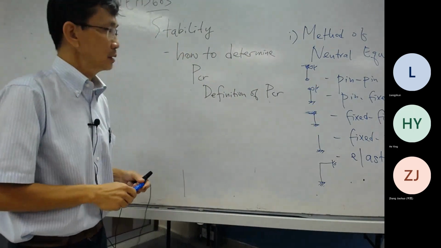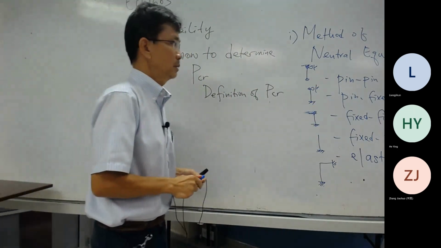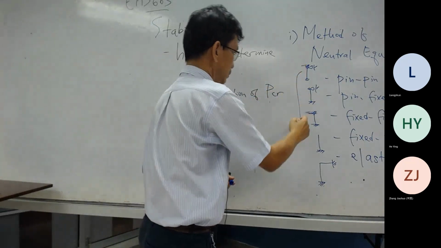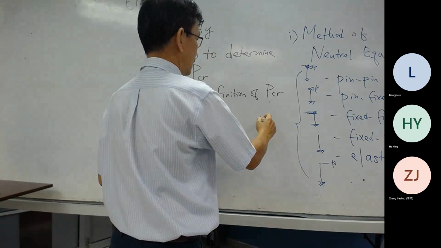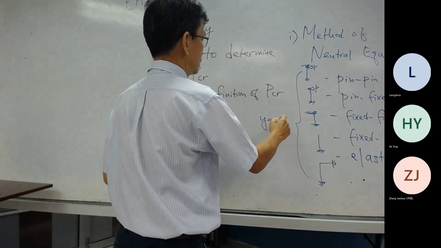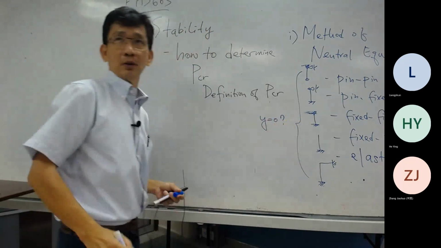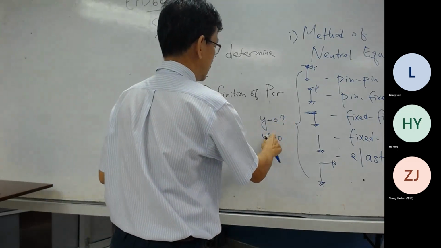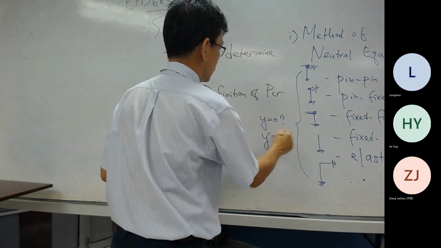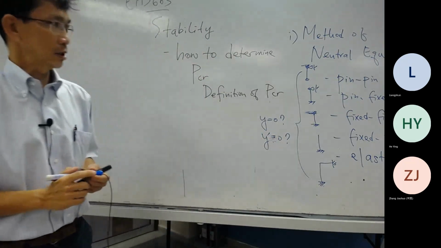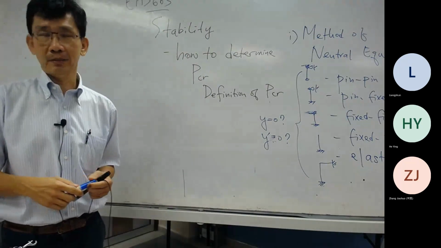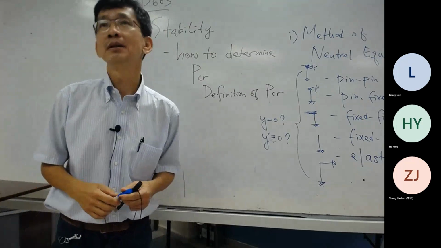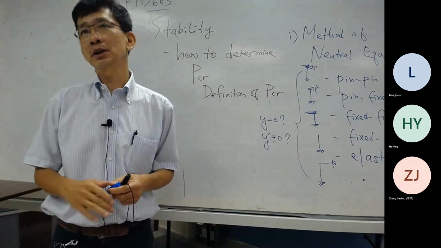Restraint here means we look at whether the rotation is 0 or not 0. Those are the restraints that are important for us to know, because the higher the restraint, the higher the P critical will be. The lower the restraint, the lower the P critical will be.